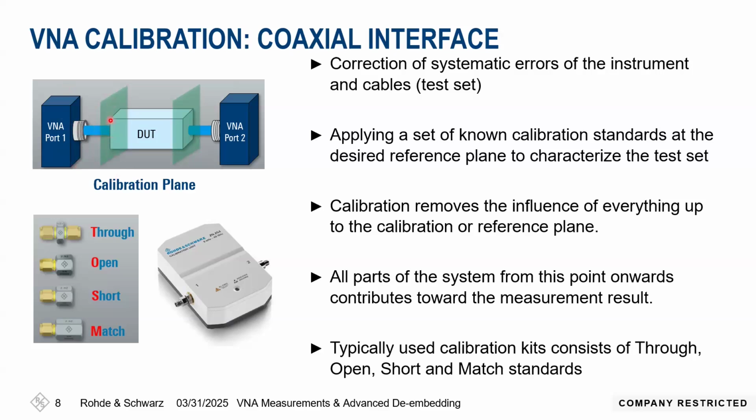So then our calibration plane would be at the end of the cables instead of at the end of the VNA ports. We can also achieve this by using the automatic calibration unit available, which actually reduces the time of performing the calibration drastically.